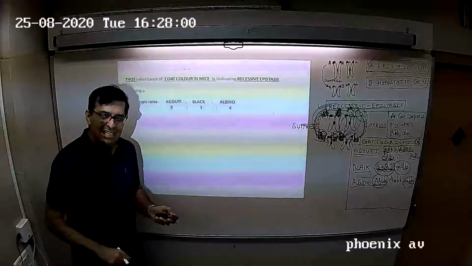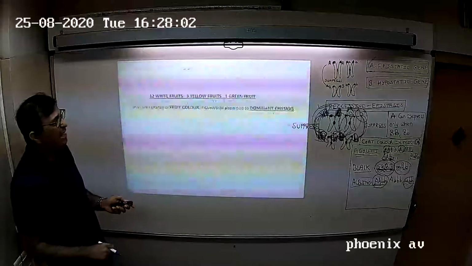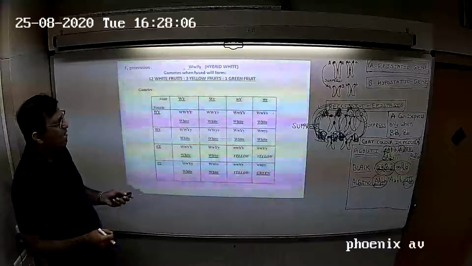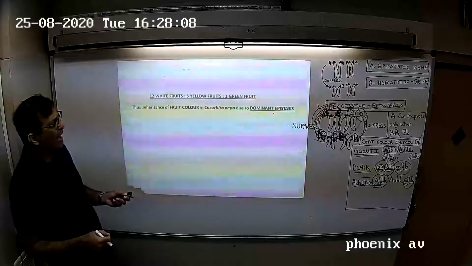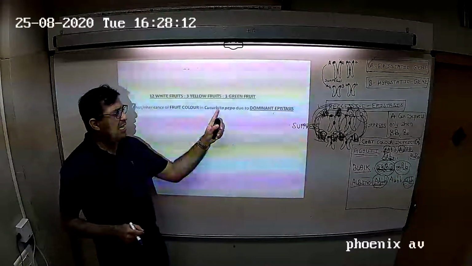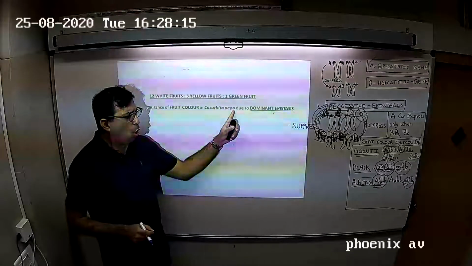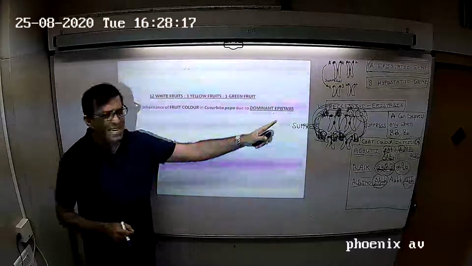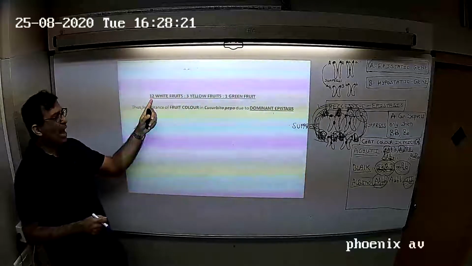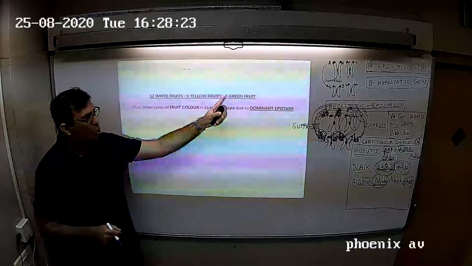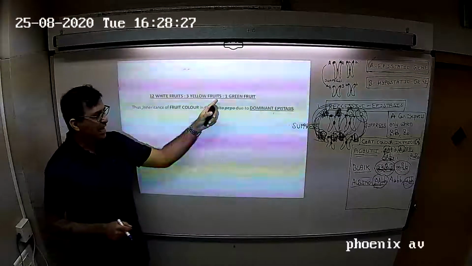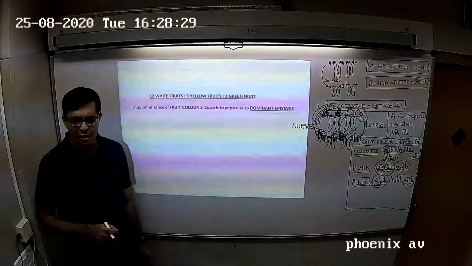Before I end this lecture, I will just revise 2 things for you. Inheritance of fruit color in Cucurbita pepo is due to dominant epistasis, which shows a 12:3:1 ratio: 12 white fruit, 3 yellow fruit, 1 green fruit.